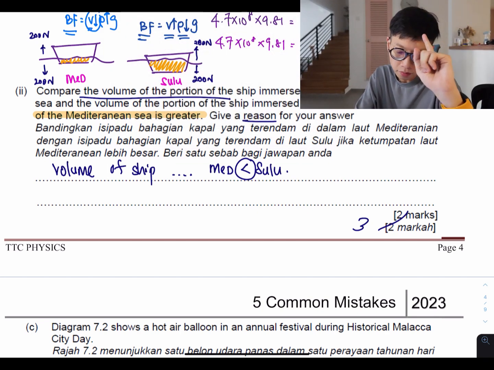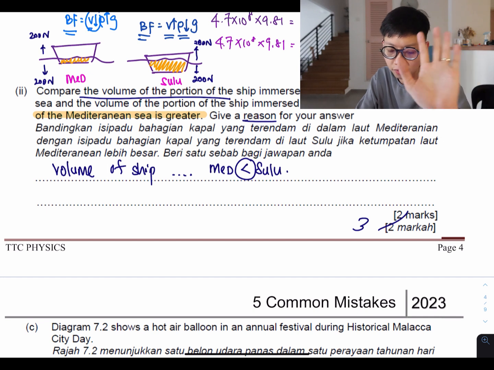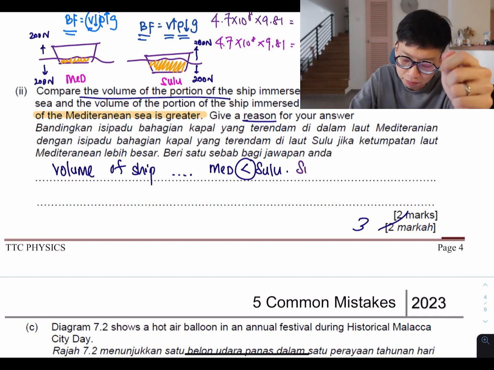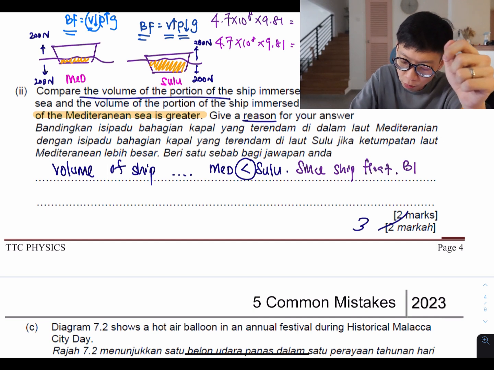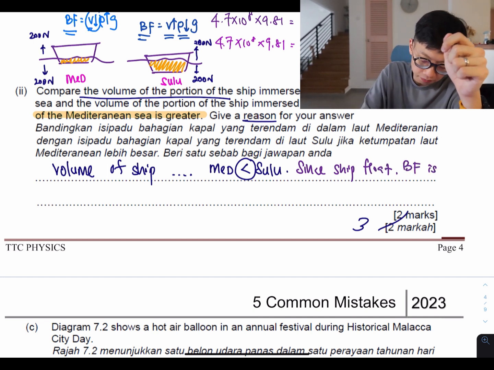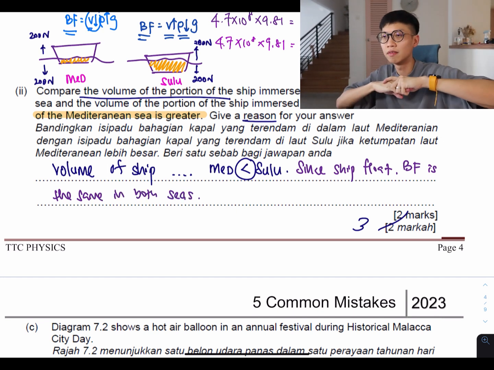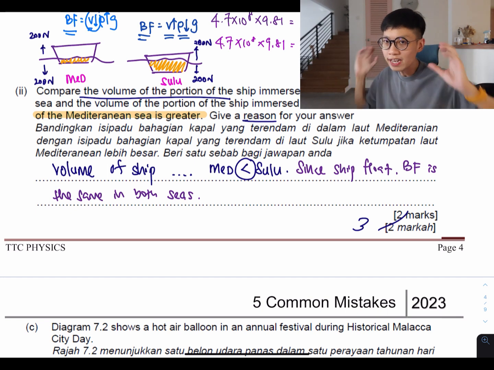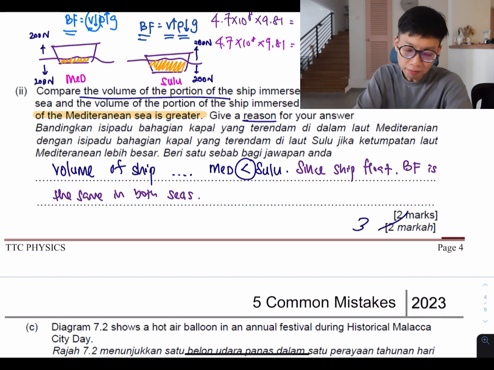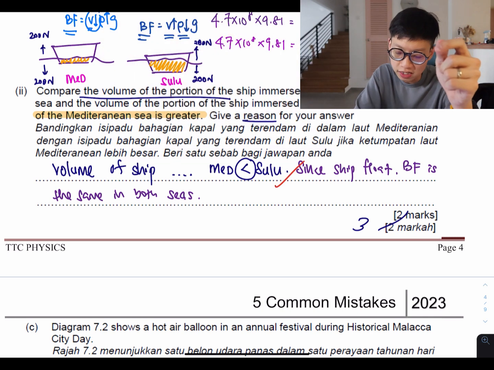Now, we have to start giving our reasoning, but first we can say something like, since the ship floats, the buoyant force is the same in both seas. Meaning because it's floating, it has to be the same buoyant force. This is the first point, and this is the second point.